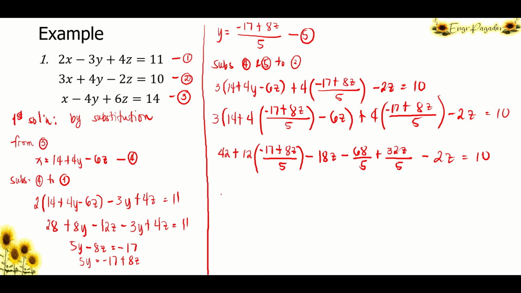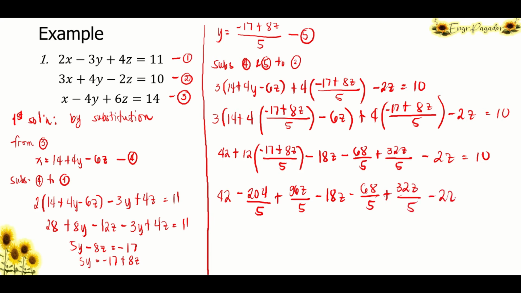So, kopyahin natin si 42. And then, 12 times negative 17, that is equal to negative 204 over 5. And then, 12 times 8, that is equal to 96. So, plus 96z over 5 minus 18z minus 68 over 5 plus 32z over 5, and then minus 2z equal to 10.